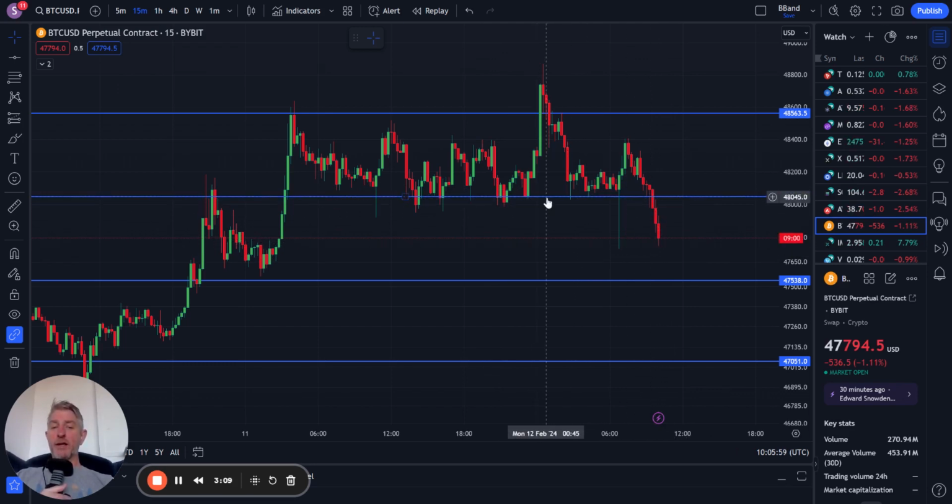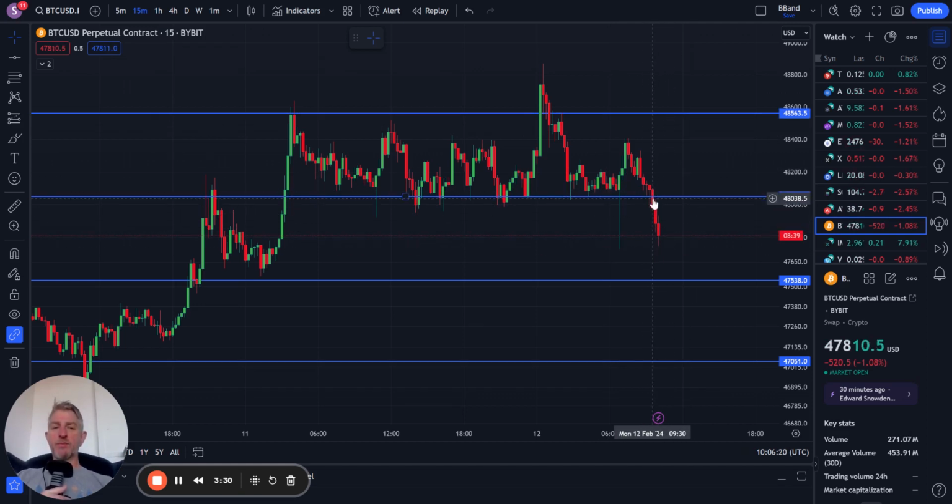So there we are. That may now turn into a line of resistance, but we will see. I had my top line here on the lower time frames around about 48.5, which was going to be the resistance line of randomness for now.